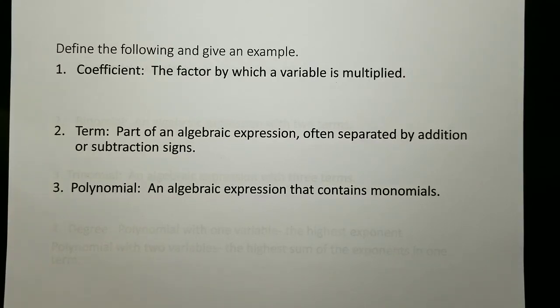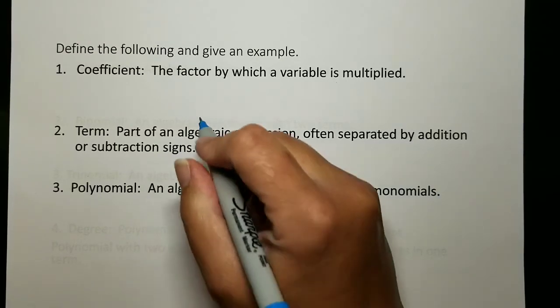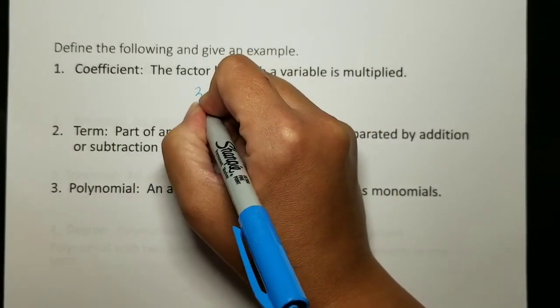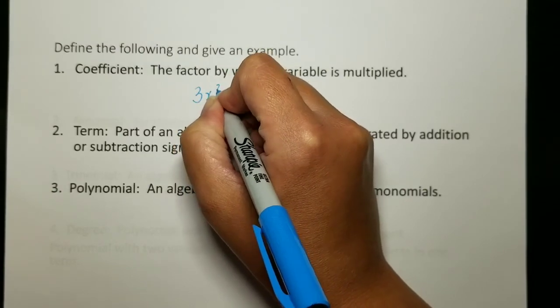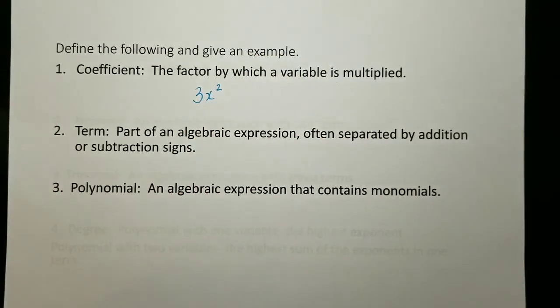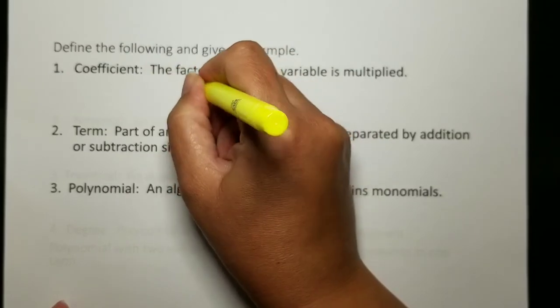But really, what this means is it's whatever number is multiplying a variable in an expression. So say, for example, you had the algebraic expression 3x squared. The coefficient is the number that you're multiplying that variable part by. So the coefficient is the 3.